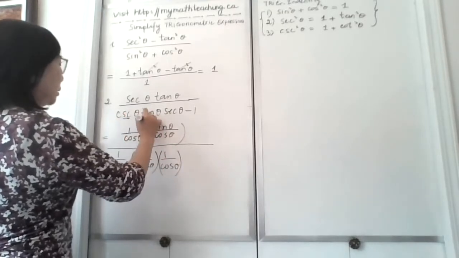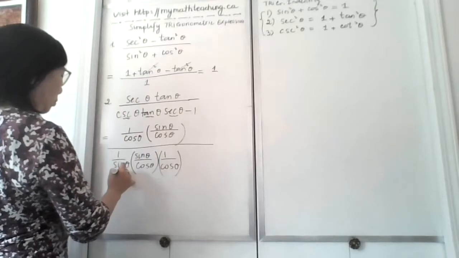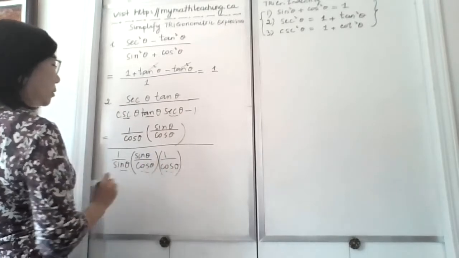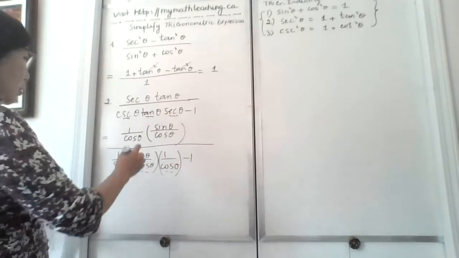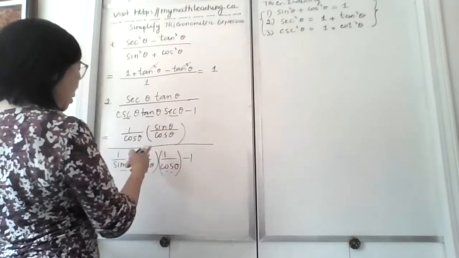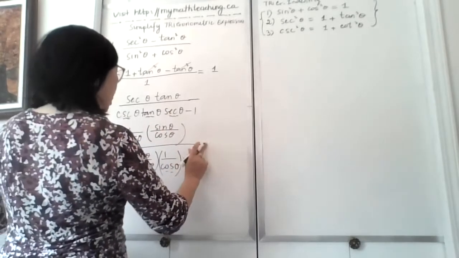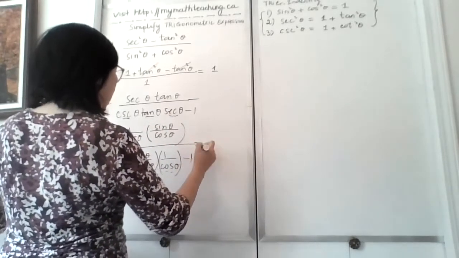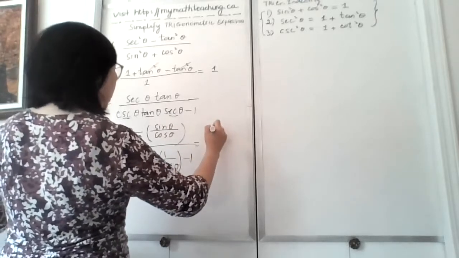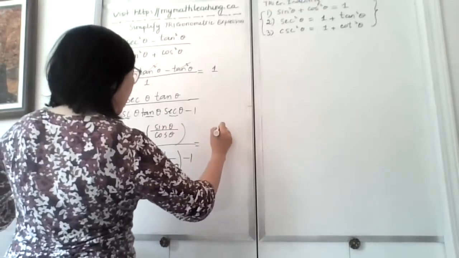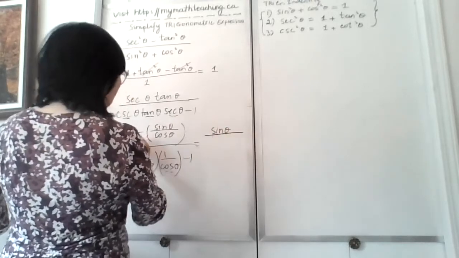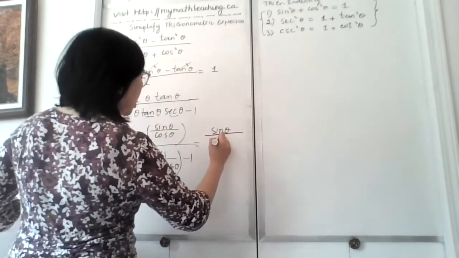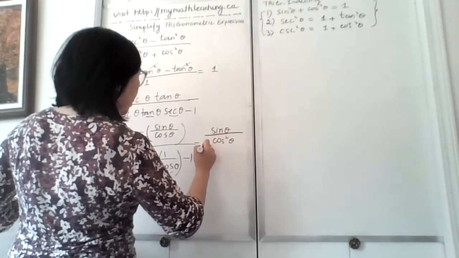So this one turns into this, and this, minus 1. Now on the top, I'm going to simplify: the top becomes sine theta times 1, and sine theta cos theta times cos theta is cos square theta.